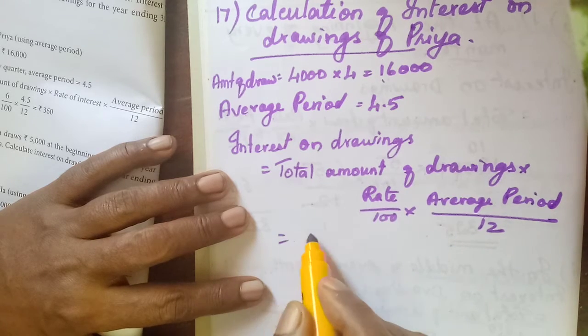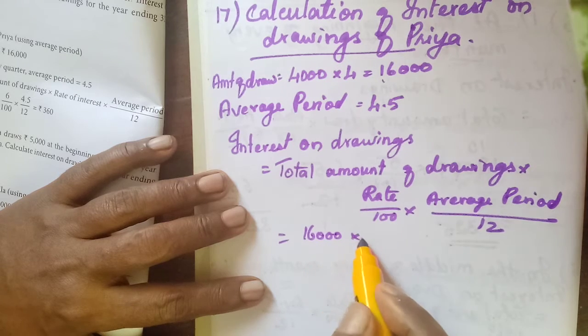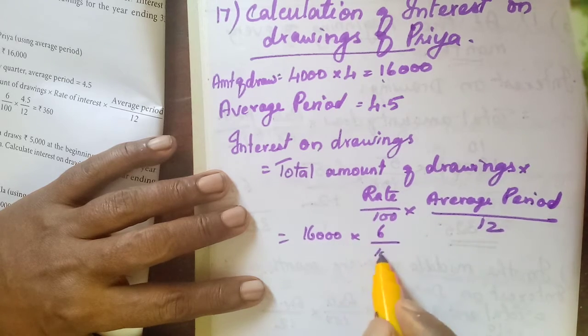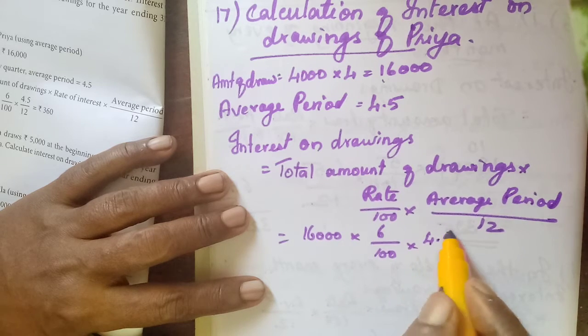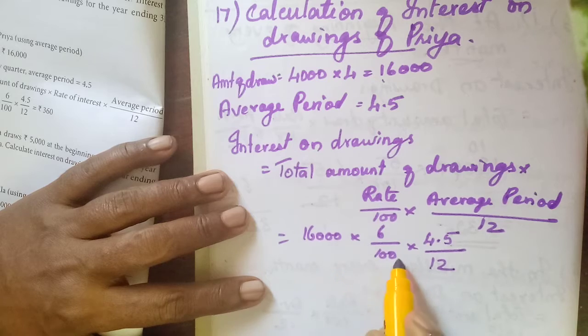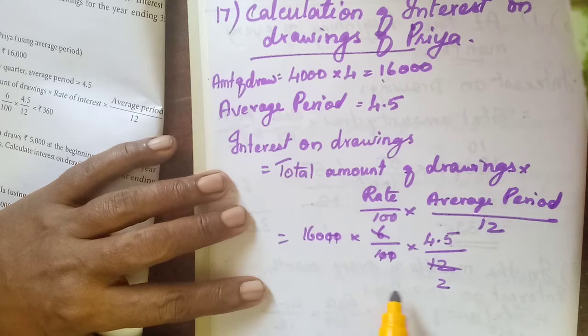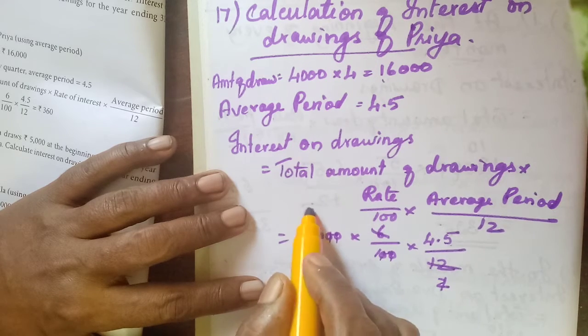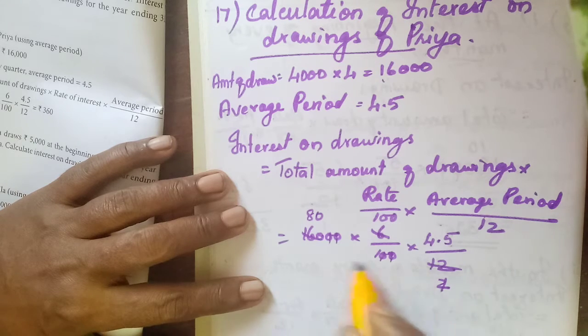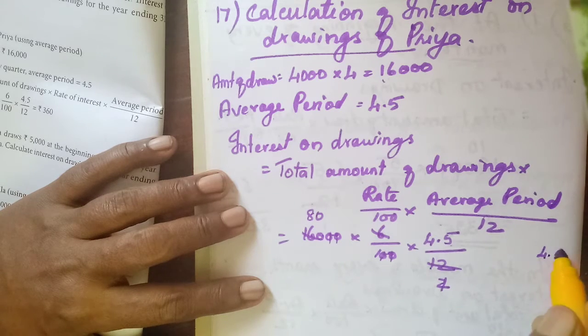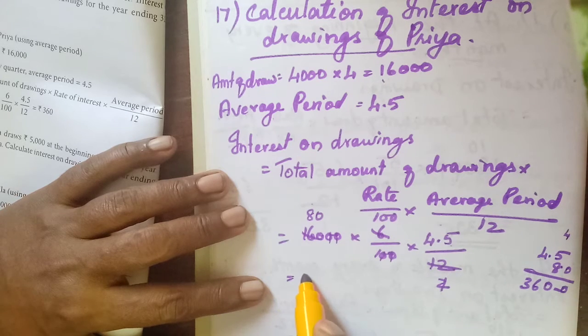Okay, what is the total amount of drawings? 16,000 into rate 6 by 100 into average period 4.5 divided by 12. So 2 zeros cancel, 6 and 12 here 2, then this 2, this 16 is 8. Now you have to multiply 4.5 into 8, 1 zero is there. 5 8s are 40, balance 4. 4 8s are 32 plus 4 is 36. So one digit we have to take. So the amount is 360.